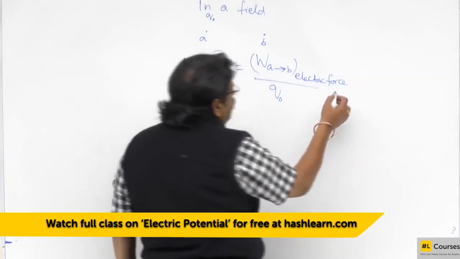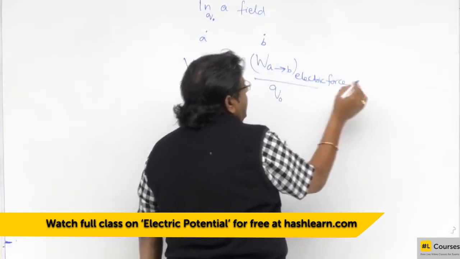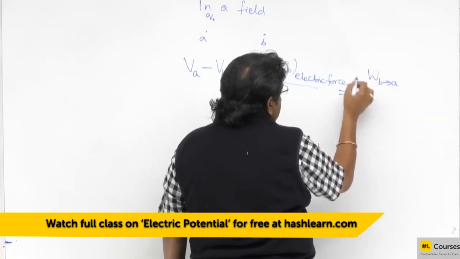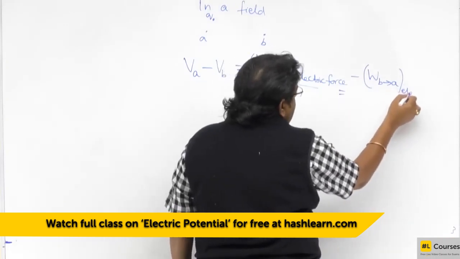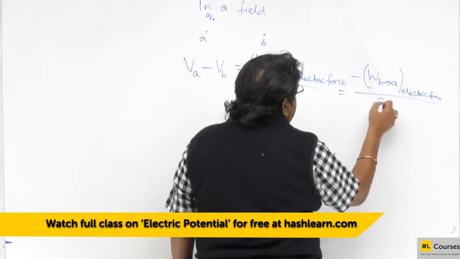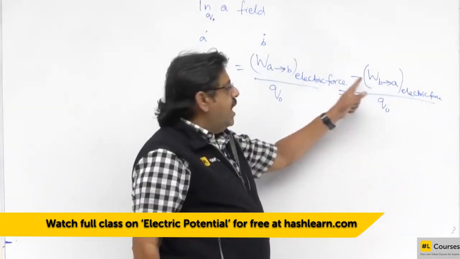And this can also assume another form. Between these two I change only one: I change this to W B to A, electric force, by Q naught. Because I have changed only one, I put minus here.